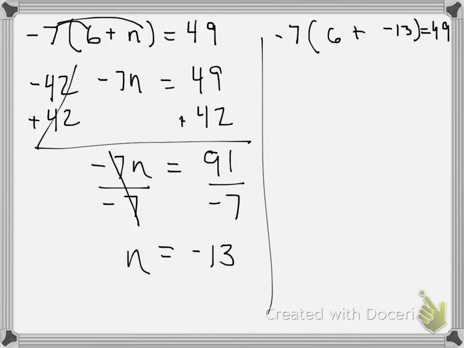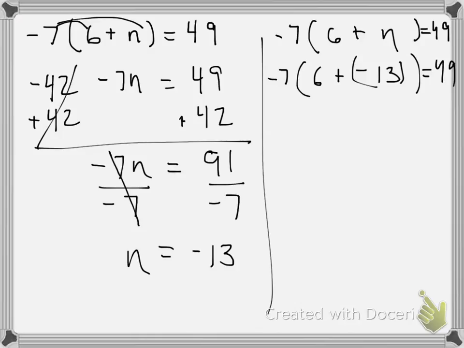Oh, sorry, made a mistake. I did my substitution line first. That should have been an n. Alright, my next line I'll substitute in. So negative 7 times the quantity 6 plus negative 13. And I'll do a little parentheses there so we know, equals 49.